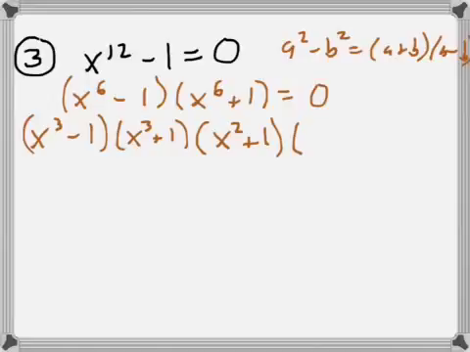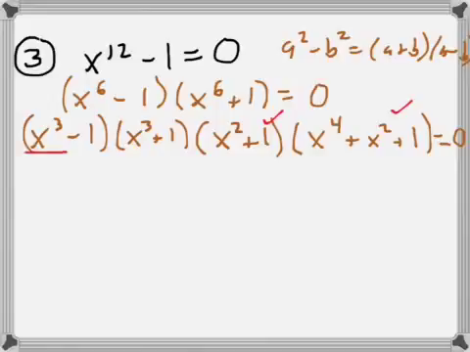And now this is going to be x squared squared, so that'll actually be x to the 4th, minus x squared, plus 1, times x squared plus 1 equals 0. Okay, I must be done, right? Nope, not yet, right? Everything I have on the right side, this guy right here is unfactorable, and that guy now is unfactorable.